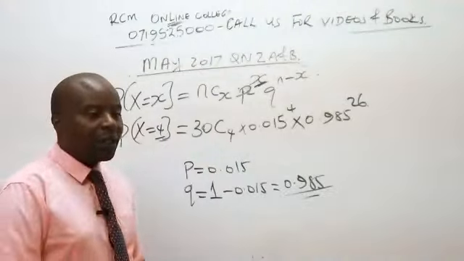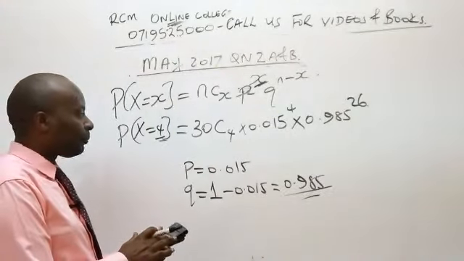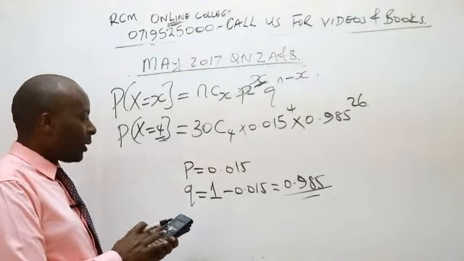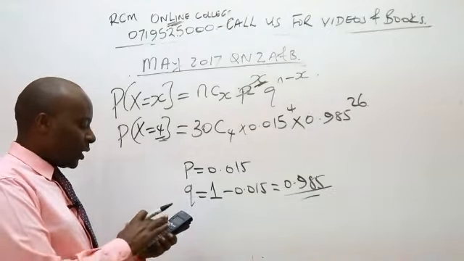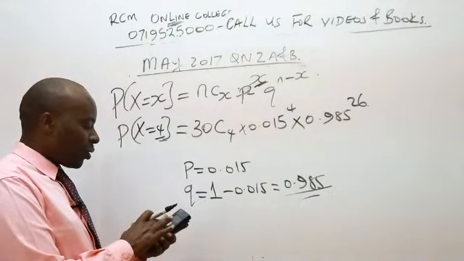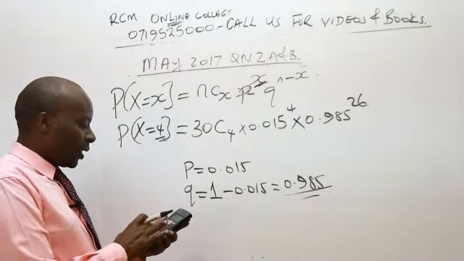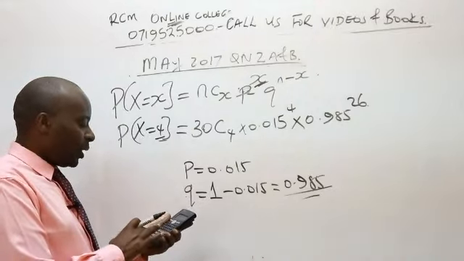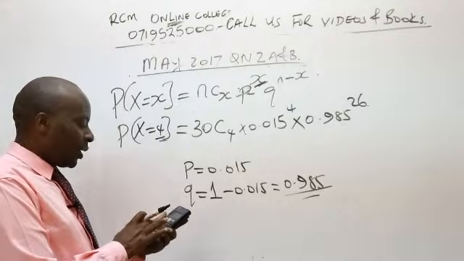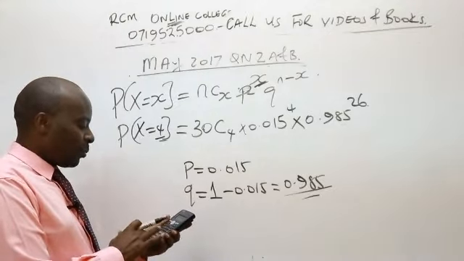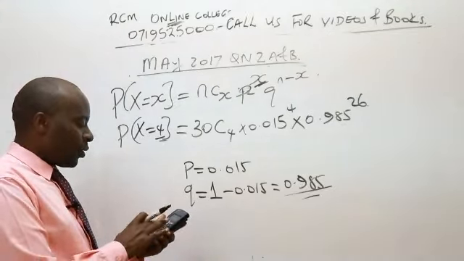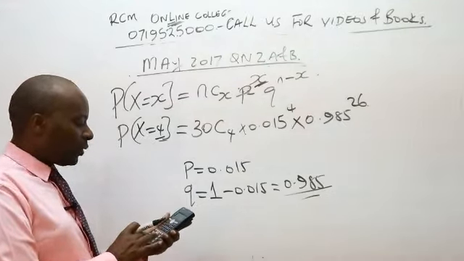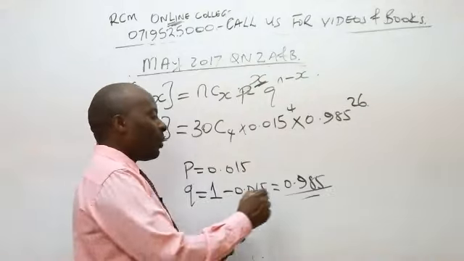So straight away, we have 30 combinations 4 times 0.015 raised to power 4 times 0.985 raised to power 26, which at the end of the day again gives us a very small probability.